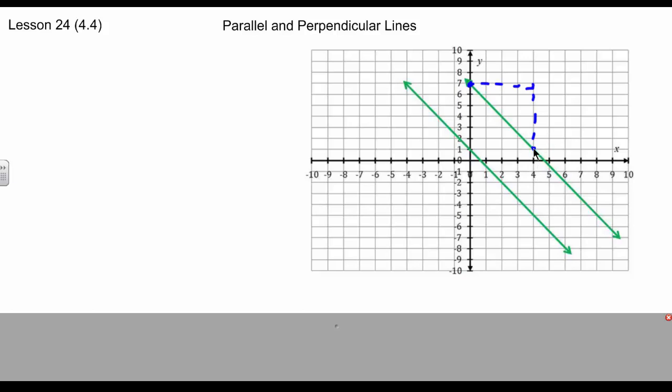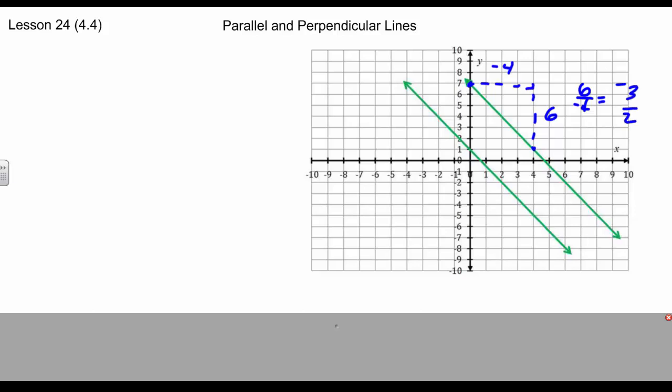Now, I'm going from 1 all the way up to 7, so that's a rise of 6. And then I'm going all the way from 4 over to 0, so that's back 4. And if I calculate a slope here, my rise is 6, my run is -4, and that's going to reduce to a total of -3/2.